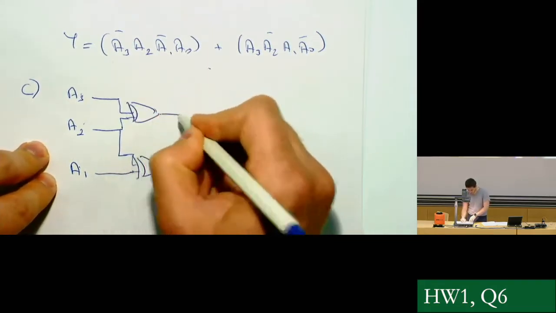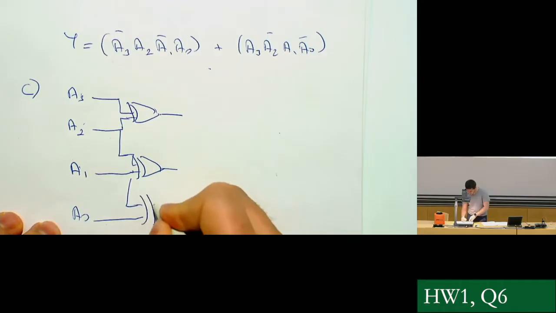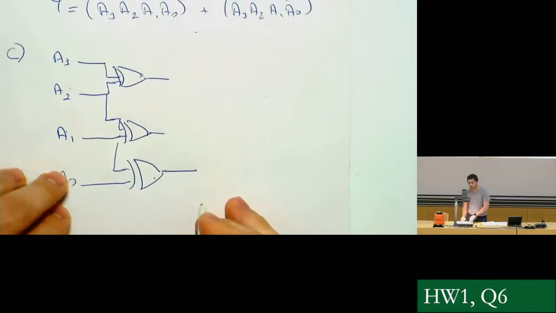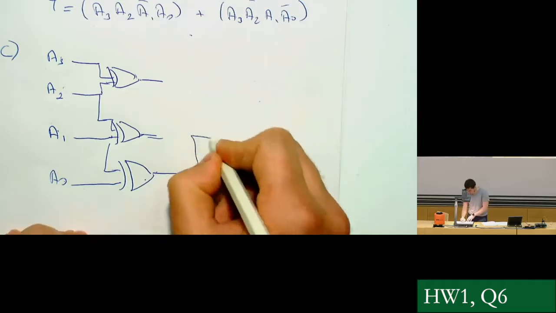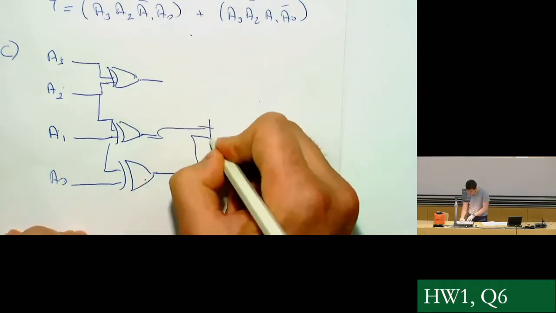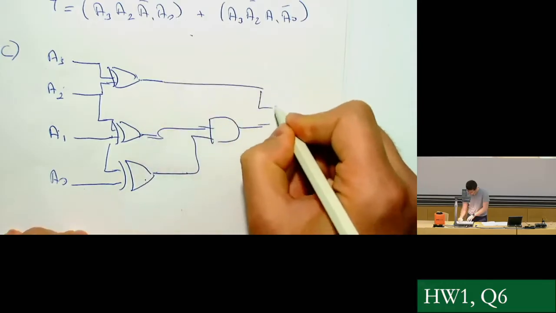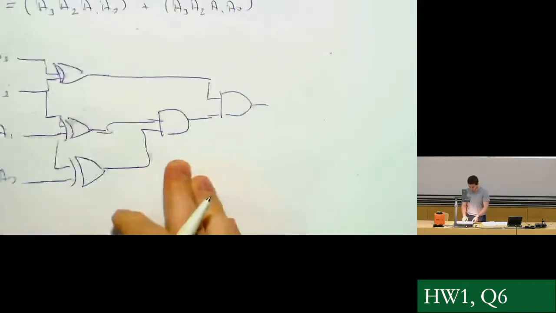So this is XOR. And for A0, probably you see where I am going. And here, similarly, this XOR gives 1 when these are not equal to each other. So basically, I'm going to AND those, right? And this is our very intuitive circuit.